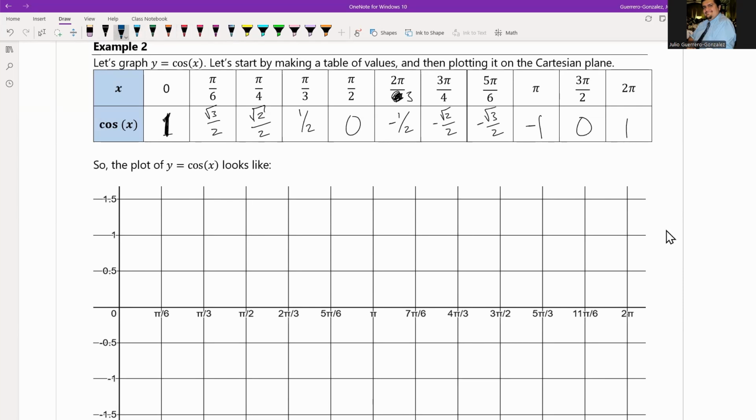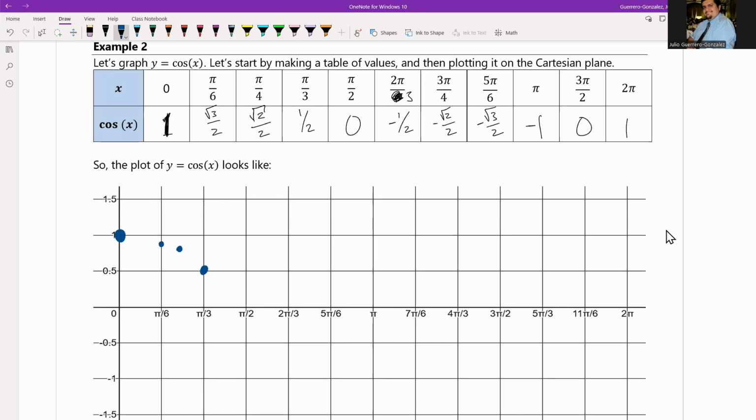At 0, my y value is going to be 1. And then it's just going to start dropping. So pi over 6 is going to be root 3 over 2, maybe right there. Pi over 4 is supposed to be right here about. Pi over 3 is going to be 1/2.